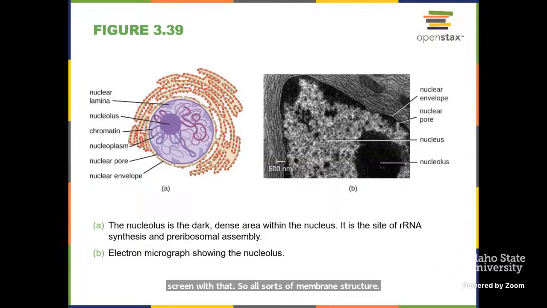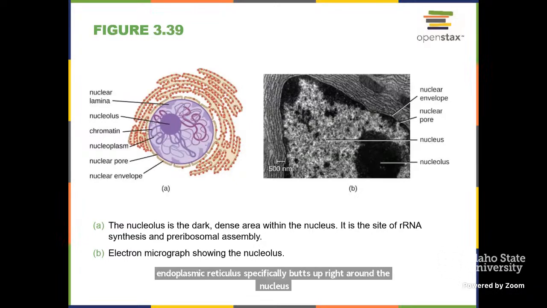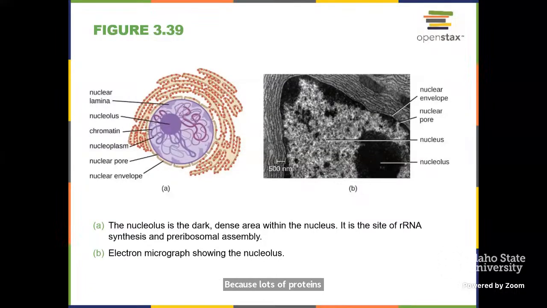This first bit showing the nucleus, a bilayer, but truly it's a double bilayer because part of the endoplasmic reticulum, the rough endoplasmic reticulum specifically, butts up right around the nucleus because lots of proteins are going to need to stay away from the cytoplasm. And we're going to process and produce them inside of the rough endoplasmic reticulum, not free floating on ribosomes in the cytoplasm, all right?